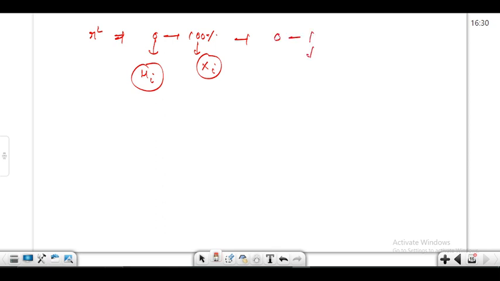If 1 is the value of my r square, it means that all the variation in y is explained by your x variable, and the vice versa is the case when the value is equal to 0. Getting a value equal to 1 is not really possible, but what we can work for is to get a value as close as possible to 1, so that my regression line is best fitted in the data.